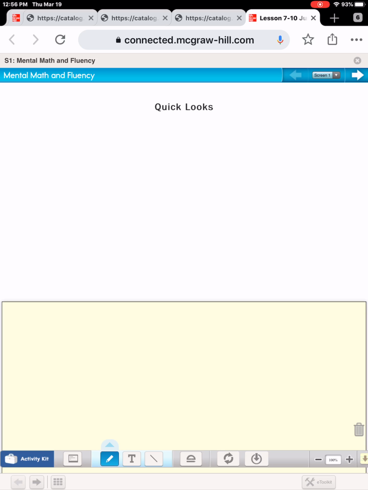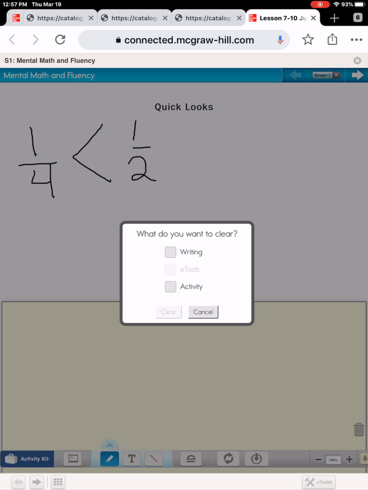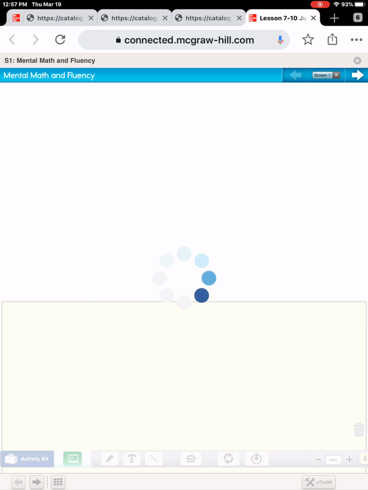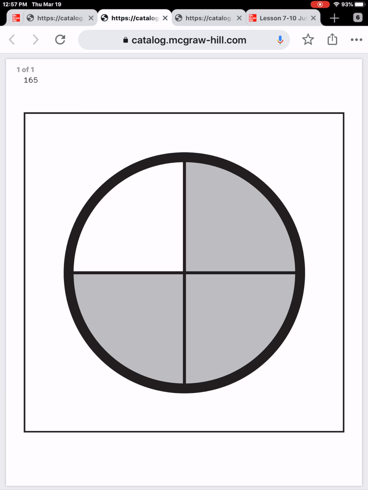It is less than. That shaded fraction was 1/4, and 1/4 is less than 1/2. All right, let's look at the second one. You're deciding whether this shaded portion is less than or greater than 1/2, and write down that number sentence.